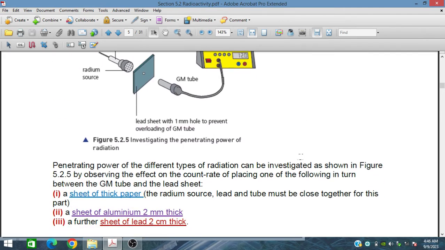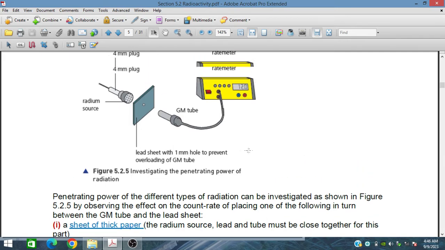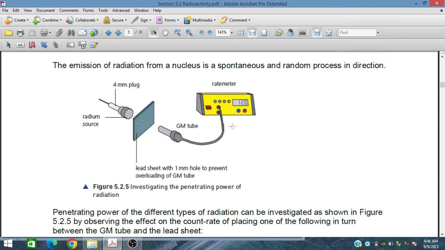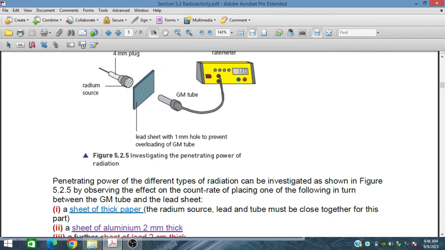The penetrating power of the different types of radiation can be investigated as shown in figure 5.5, by observing the effect on the count rate of placing one of the following in turn between the GM tube and the lead sheet.